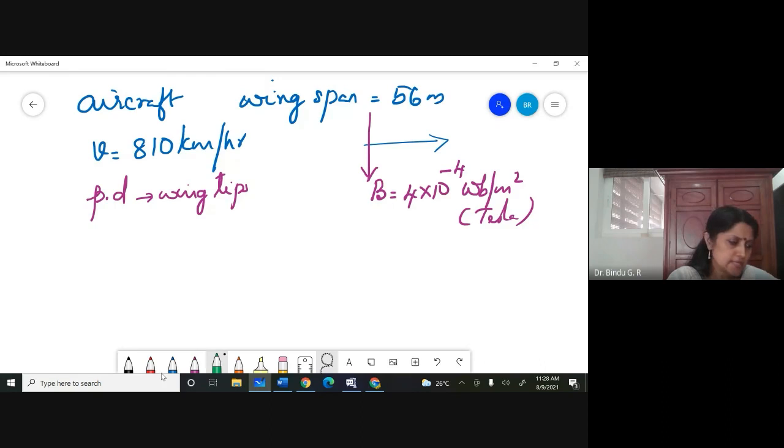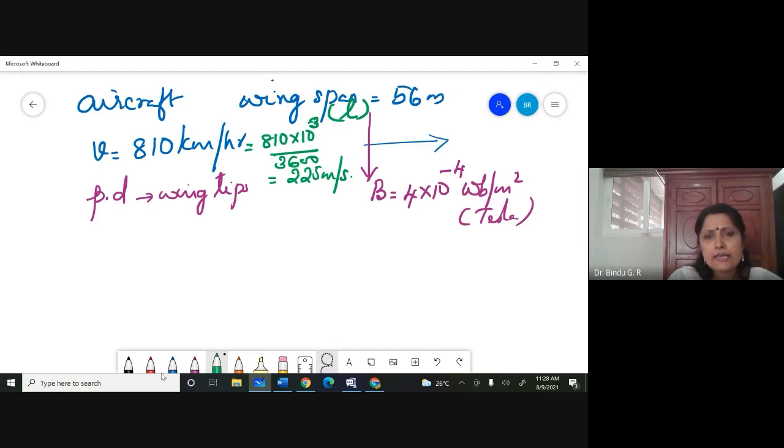I'll read the question once again. The aircraft has a wingspan of 56 meters, that is, L is equal to 56 meters. It is flying horizontally at a speed of 810 kilometers per hour, means velocity is 810 into 10 raised to 3 divided by 3600, which as per calculation you'll get as 225 meters per second.